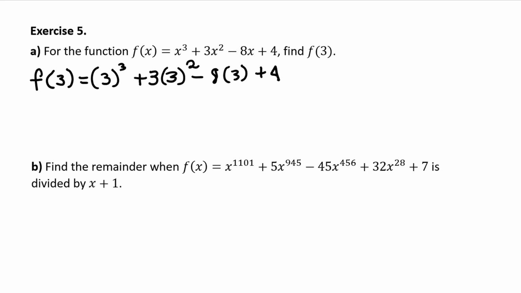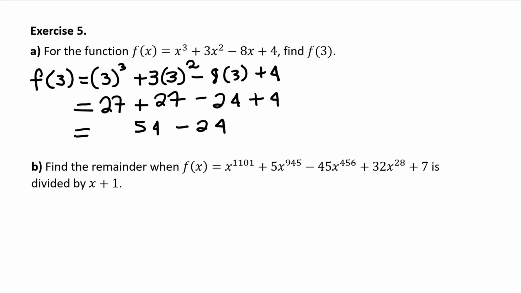Let's perform the arithmetic. 3 cubed is 27. 3 times 3 squared, or 3 times 9, is also 27. Minus 8 times 3 is 24, plus 4. We'll just do it sequentially. 27 plus 27 is 54, minus 24, plus 4.